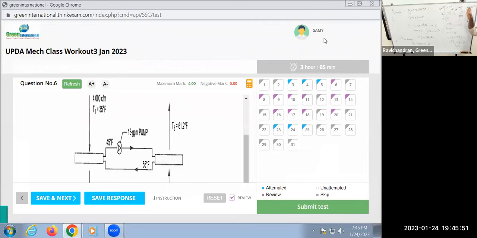No, I'm just applying the formulas. This section is separate and that section is separate. But the Q is equal. Even if you try with the GPM, you will get the same answer. I tried it.